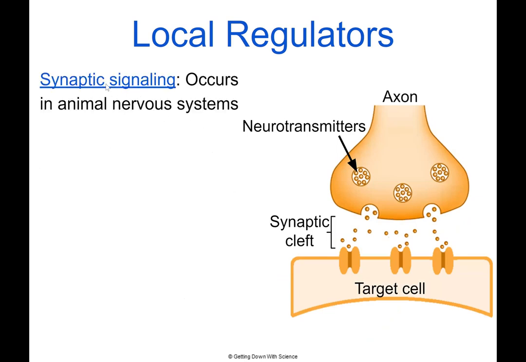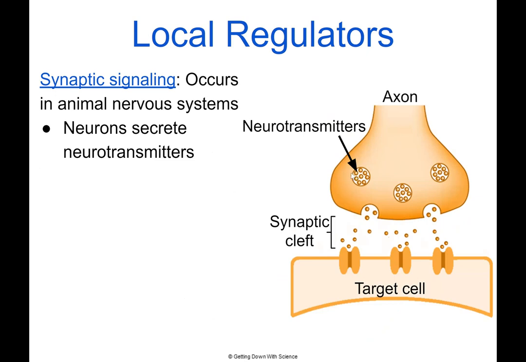Synaptic signaling, typically you're going to find it between two different neurons, or between a neuron and a gland, or a neuron and a muscle cell, some sort of tissue that we need to send these signals to. But the concept is basically the same.